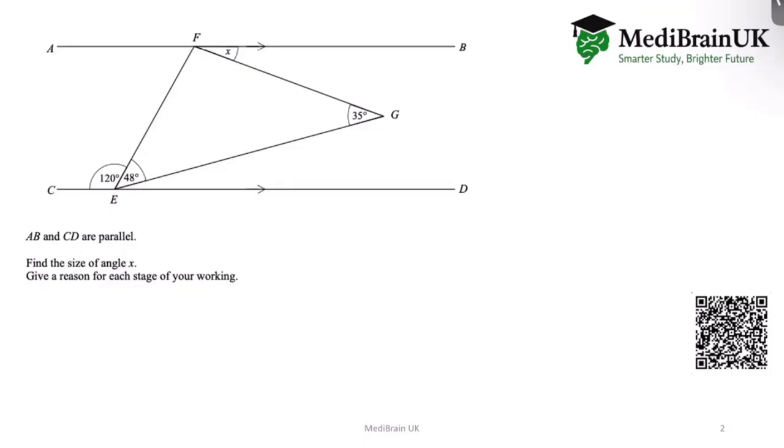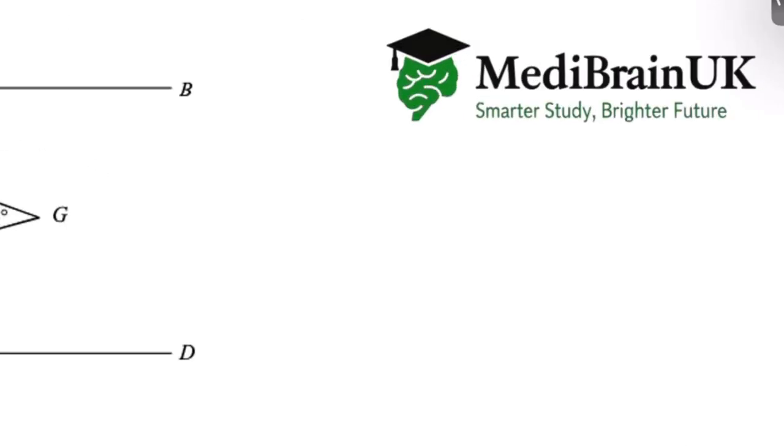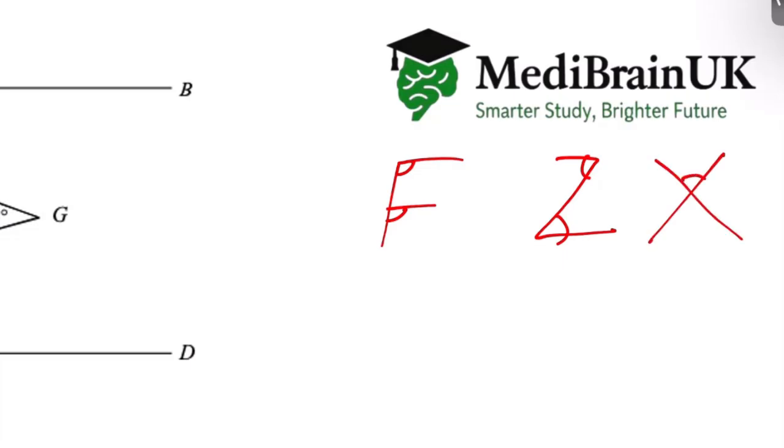So remember, when we've got parallel lines, you can see A to B and C to D, they are parallel to each other. We're going to be using the F rules, the Z rules, the X rules, and the C rules.